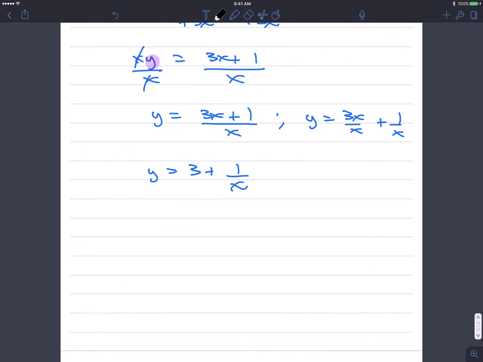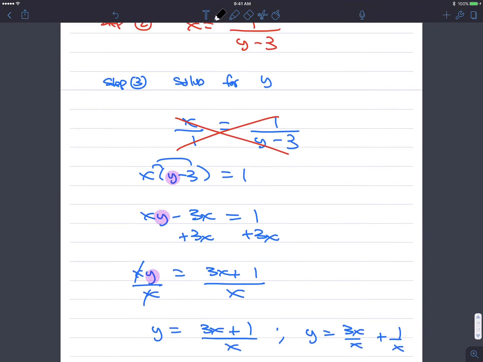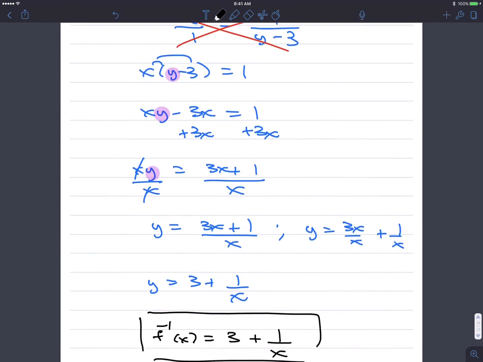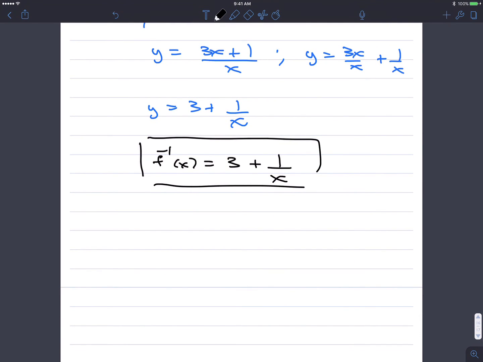And so my inverse function can be described as 3 plus 1 over x, or 1 over x plus 3. Notice that's different than what you had for f. That's 1 over x minus 3. So here's my f. Here's my inverse. You're going to follow your procedure. Probably the hardest part would be for you to solve for what? Solve for y.